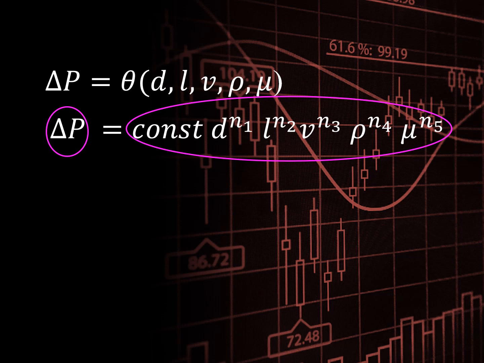Since the term on the left is pressure, then all the terms on the right must have the dimensions of pressure. That is where we need to express each variable in the equation in terms of mass, length, and, of course, time.